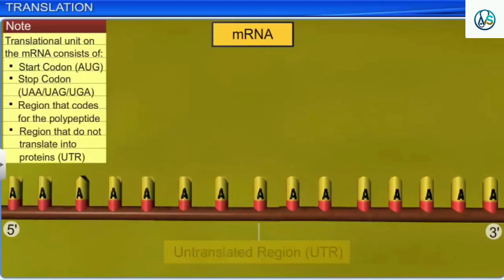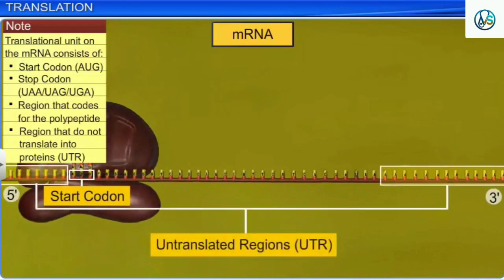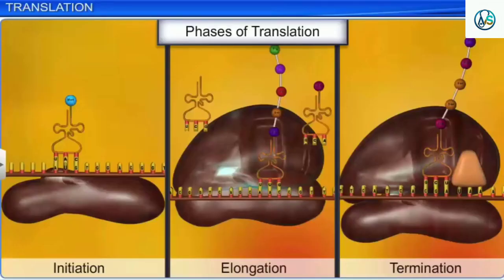These regions are present at both the 5' end before the start codon and the 3' end after the stop codon and ensure efficient translation. Translation occurs in three phases: initiation, elongation, and termination.